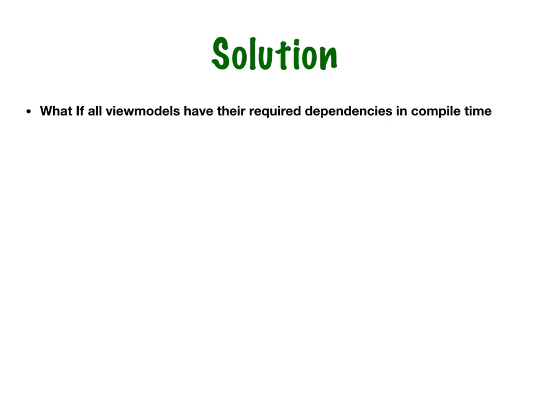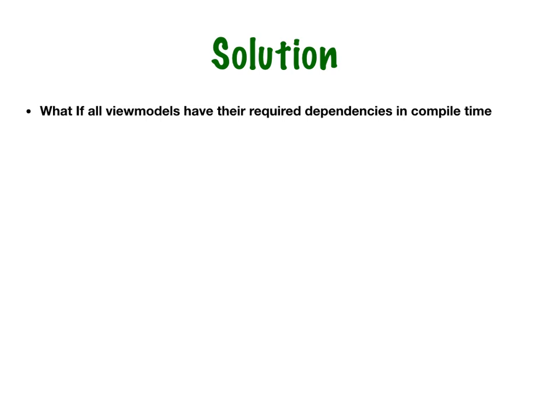Now, if we think of the solution, what are the things we basically need? If we go step by step, first of all, we need all our view models to have their required dependencies at compile time. That is the first thing we need, the view models to have their dependencies sorted. So view model A needs, let's say, dependency A, it has it at compile time.